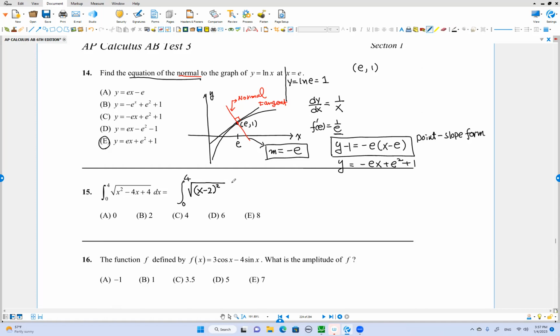You can factor this one. x minus 2 squared is equivalent to the absolute value of x minus 2, always. Are you okay with this? But the x minus 2 graph is over here. Turning point is at x equals 2, y equals 0, okay? This is the absolute value of x minus 2 graph.